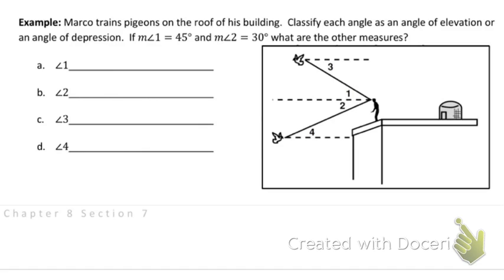We said angle 1. Let's talk about angle 1. Is angle 1 elevation or depression? Evan. Elevation. It is elevation. And I'm also going to put measure of angle 1 equals 45 degrees. And maybe I'm going to write 45 degrees here. All right, measure of angle 2. Is that elevation or depression?